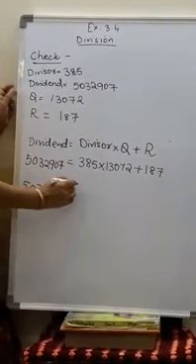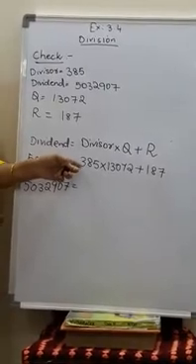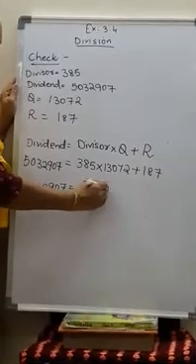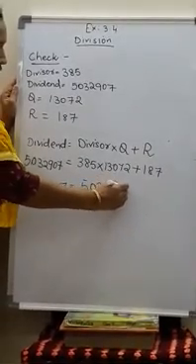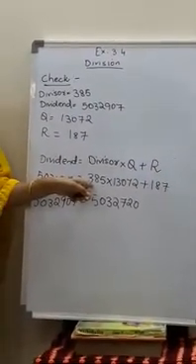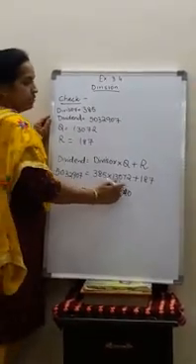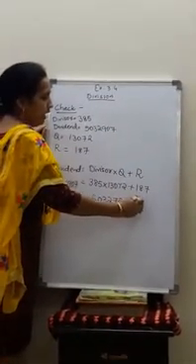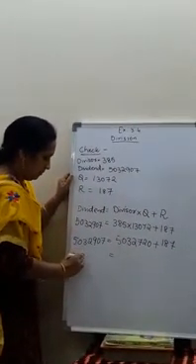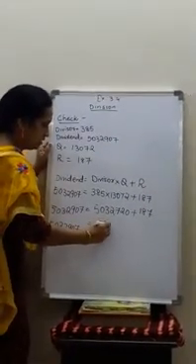5032907 is equal to, when you multiply 385 into 13072, you will get 5032720. Yes children, if you multiply 385 into 13072, you will get 5032720 plus 187, and here you will get the same answer.